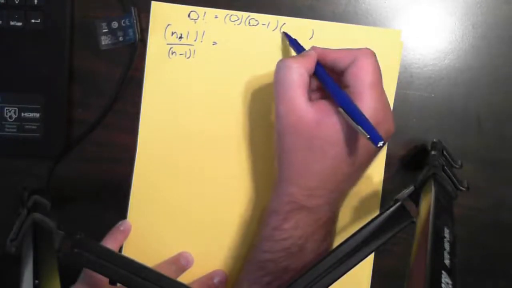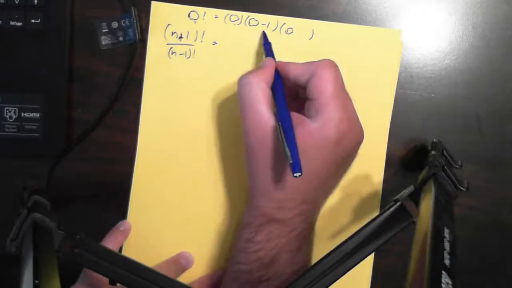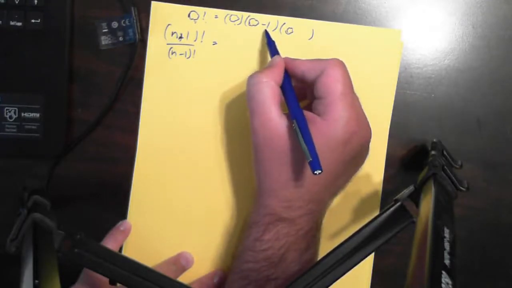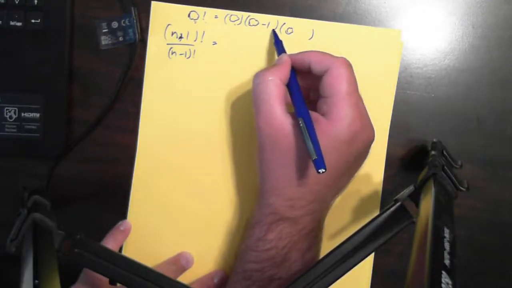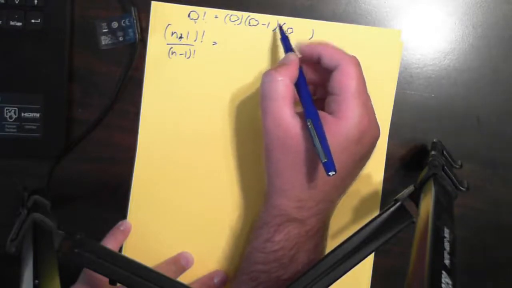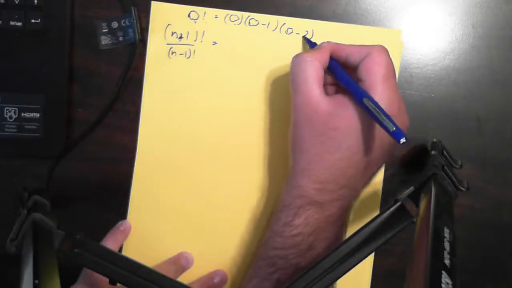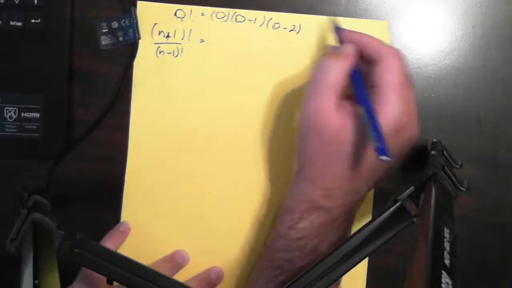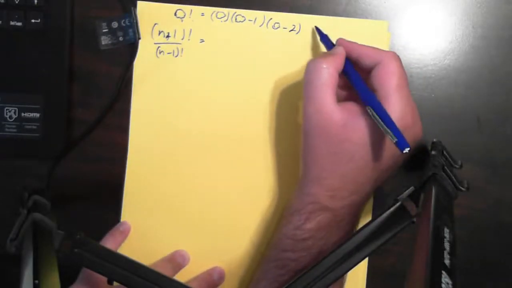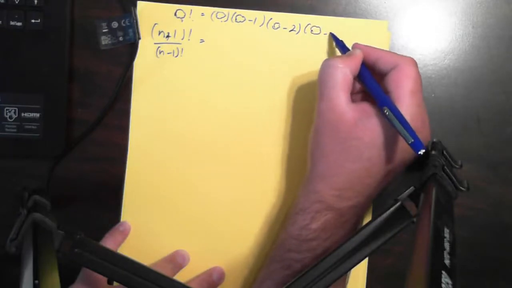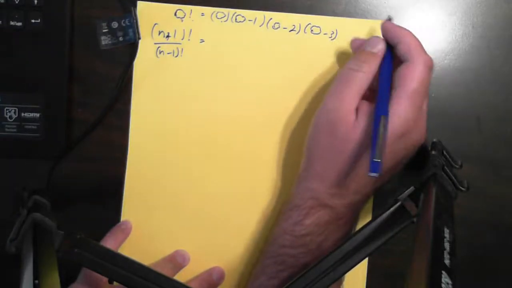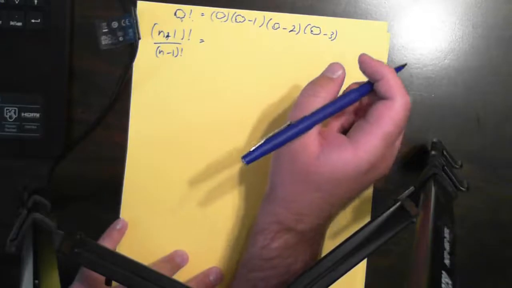The next term would be whatever's in the cloud, but 1 less than the previous one. So this is cloud minus 1, then cloud minus 2, and the next term is cloud minus 3. Okay? So that's just how factorials generally work.